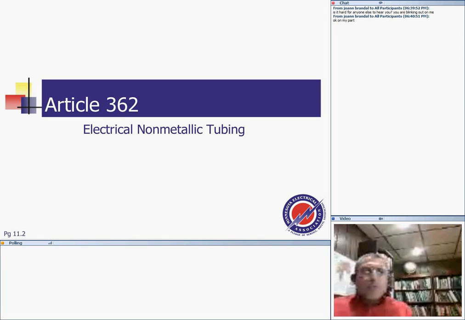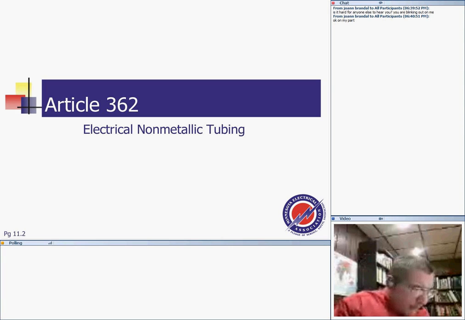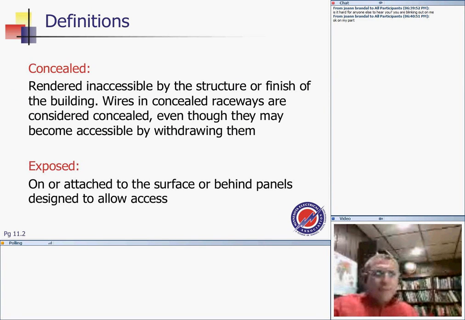So what we're going to be doing, guys, with these articles, is go over the electrical tubing, look at the rating system, advantages, disadvantages, where we can use it, where we can't use it, and just keep moving. And I have the NEC code book here up and running.